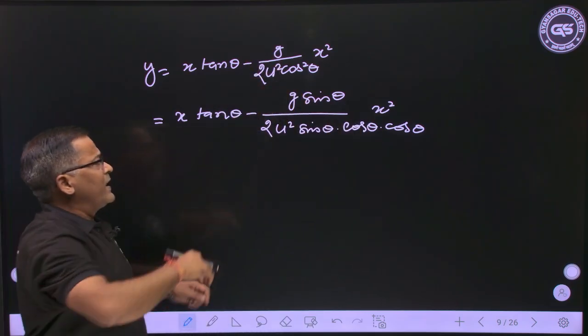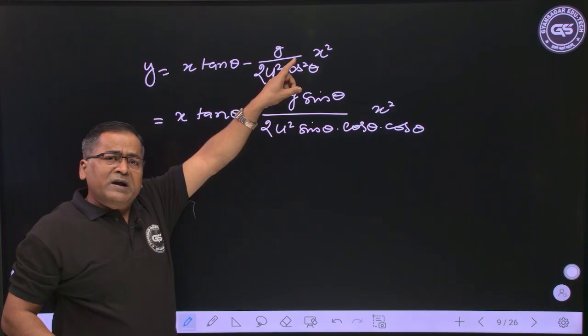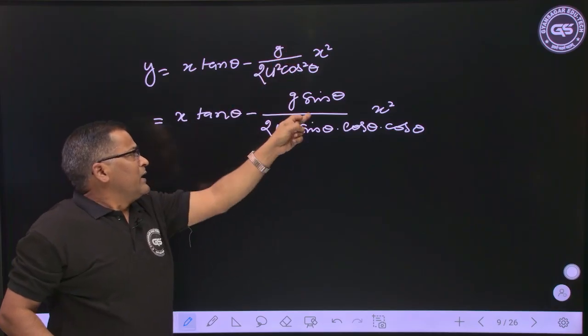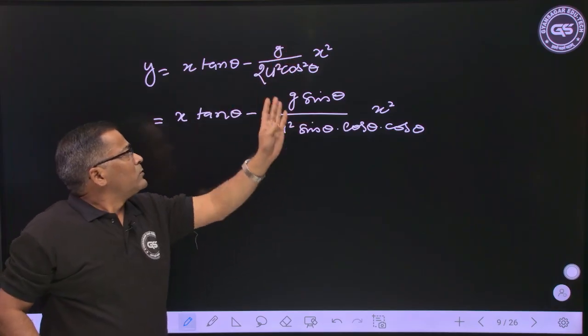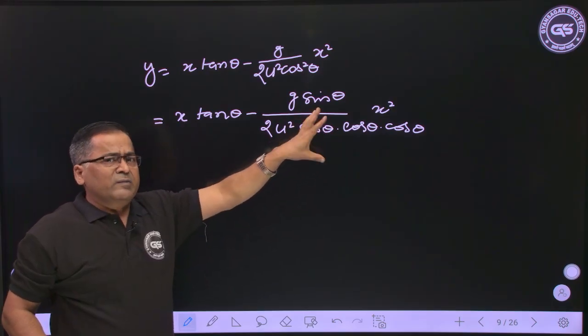I have multiplied by sin theta in the numerator and denominator both. So, rest of the things are just little manipulation.